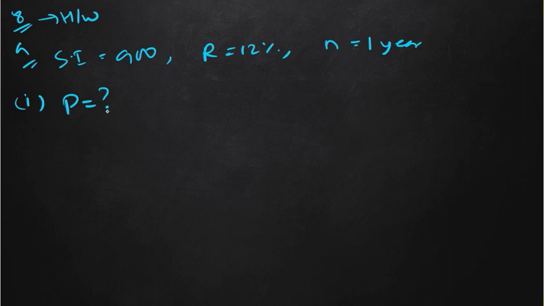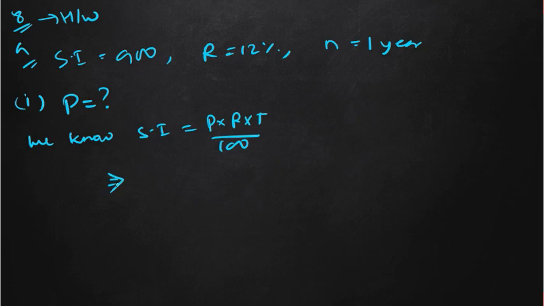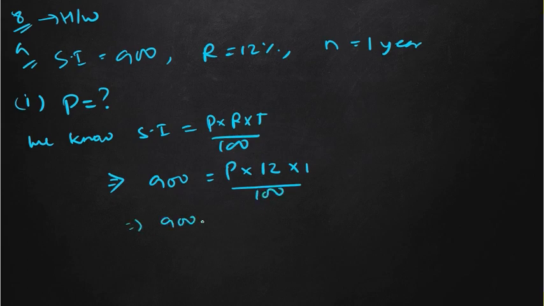Sum of the money means we need to calculate the principal. Which formula will we use? We know the formula for simple interest: simple interest is P into R into T divided by 100. So here we put the respective values. Simple interest is 900, we need to calculate P, R is 12, time is 1, divided by 100.